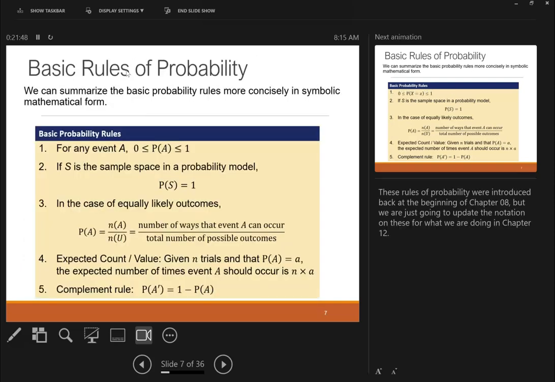So, again, our basic rules of probability, this is the same basic rules that we saw in Chapter 8. We're just restating them in the terms of a probability distribution rather than a probability model. For any event A, the probability that A occurs is a number between 0 and 1.